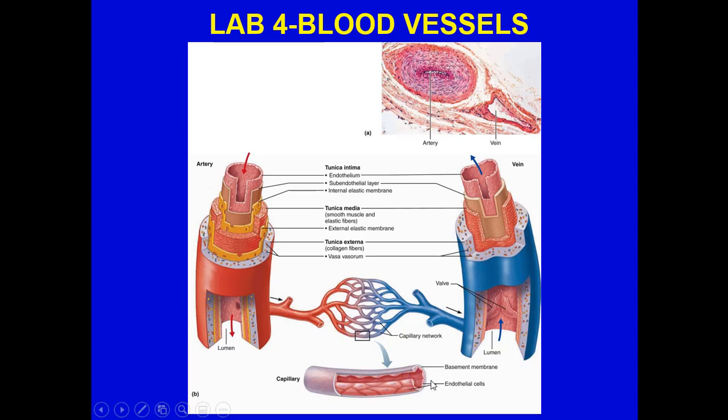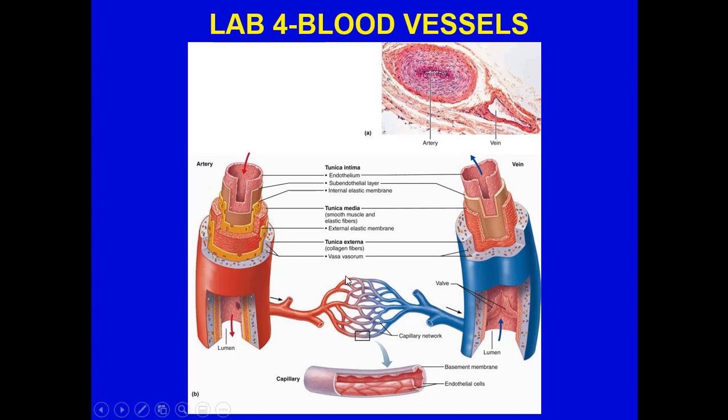It's basically a basement membrane and one layer of endothelial cells. That's so that you can have the diffusion of water, nutrients, dissolved gases, ions, etc., whereas still retaining red blood cells and much larger proteins inside of the capillary.